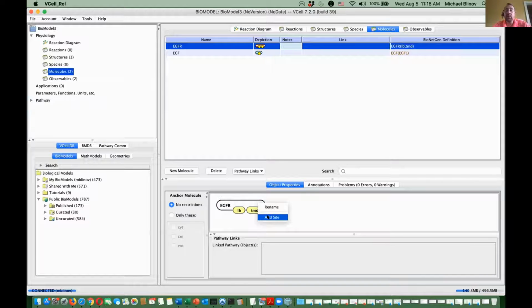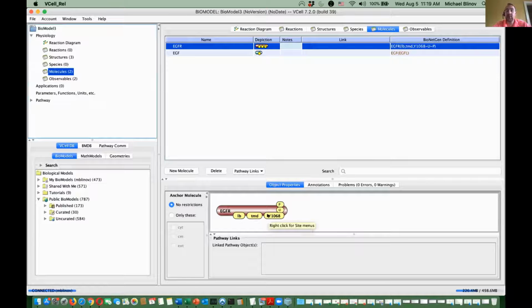And then we will be interested in phosphorylation. So for phosphorylation, we introduce a site Y1068. And this site can be in two possible states. It can be unphosphorylated, and it can be phosphorylated. So this is the declaration of two molecules.